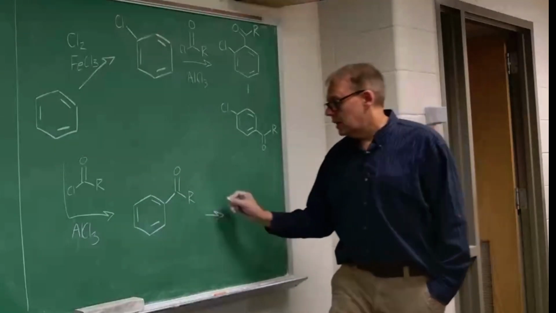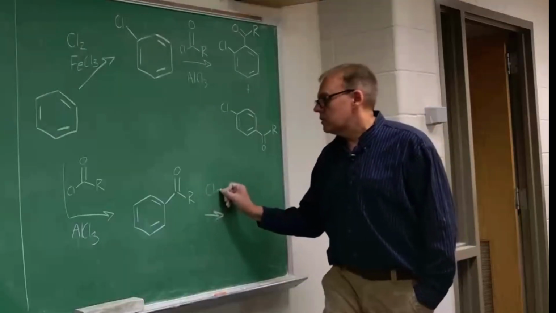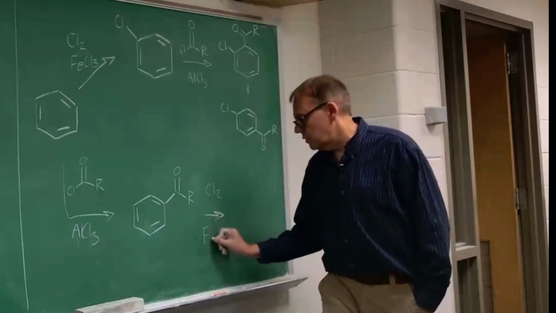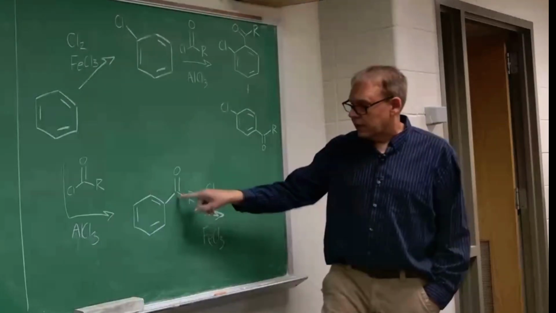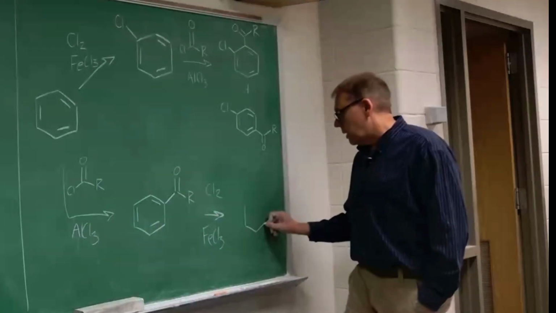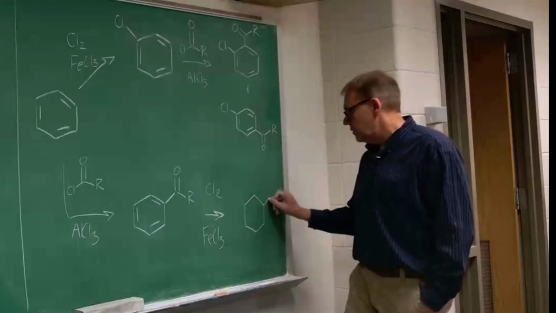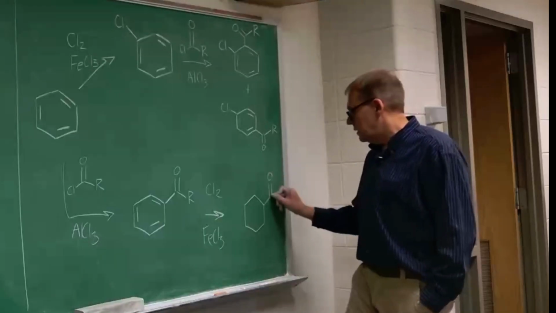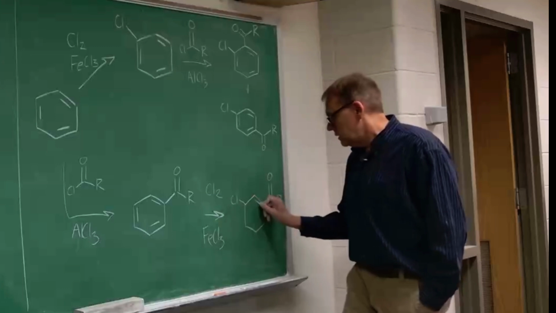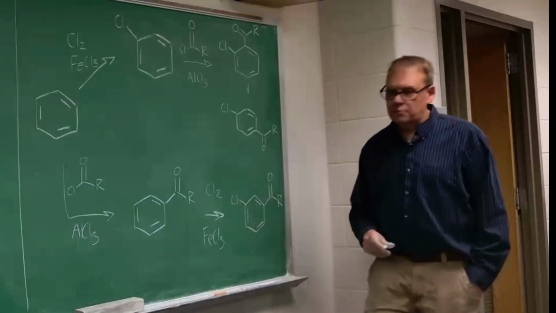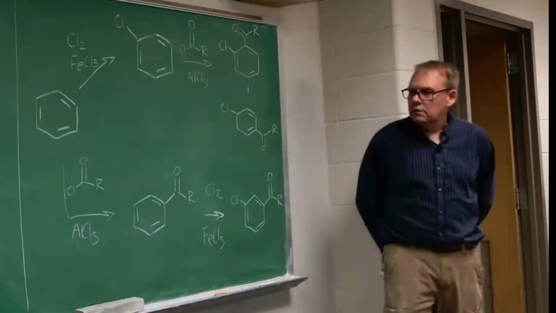So in the second step, we do the chlorination reaction, Cl2 and FeCl3. And now, because that's a meta director, the reaction is going to work properly. It's going to give the chlorine in the spot that it needs to be to have the right structure to be this drug.